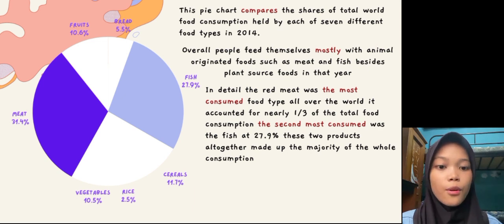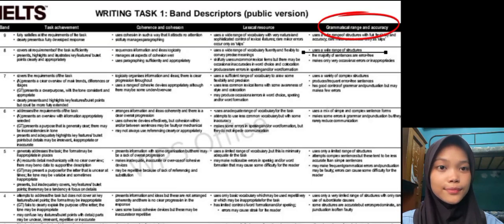Here, the superlative form is "the most consumed". It means the figure for red meat is higher than any other figure shown on the chart. Another superlative form is "the second most consumed": the percentage of fish consumption is the second highest figure. So, one alternative way of making comparisons is using superlative forms.